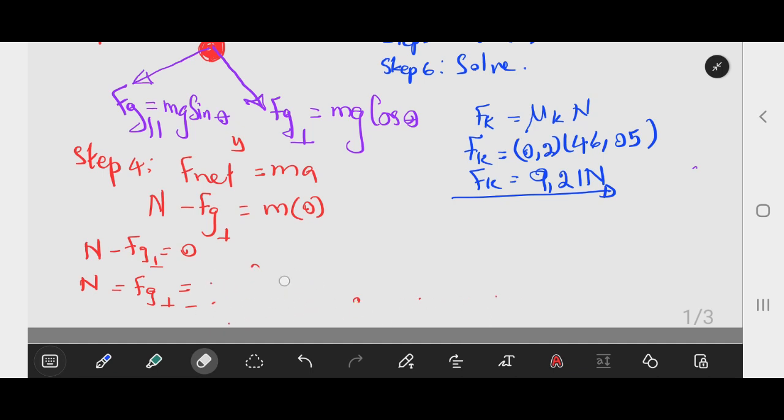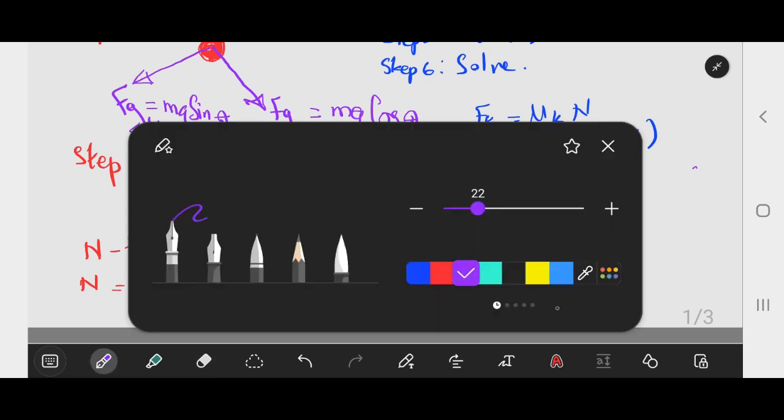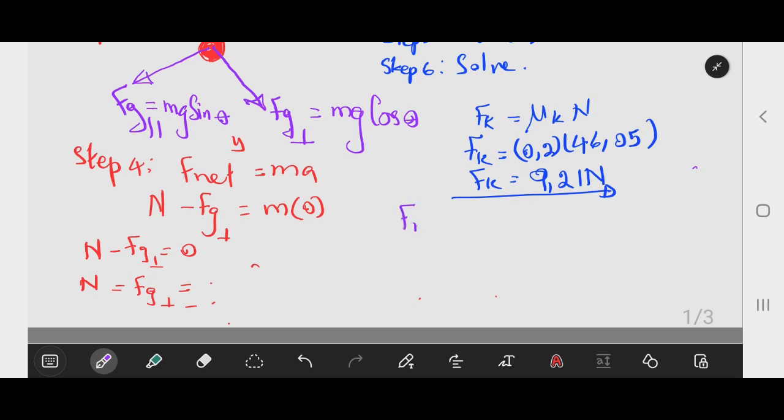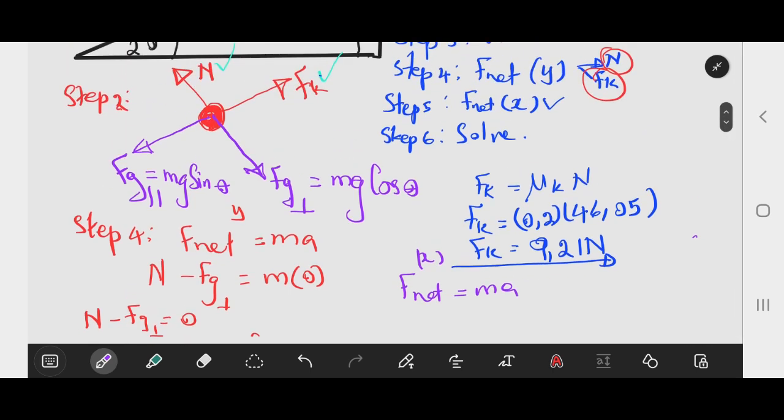So that was F net in the y-axis. So now we want to find F net in the x-axis. So F net is equal to ma in the x-axis. How many forces do we have in the x? We have two forces in the x direction.